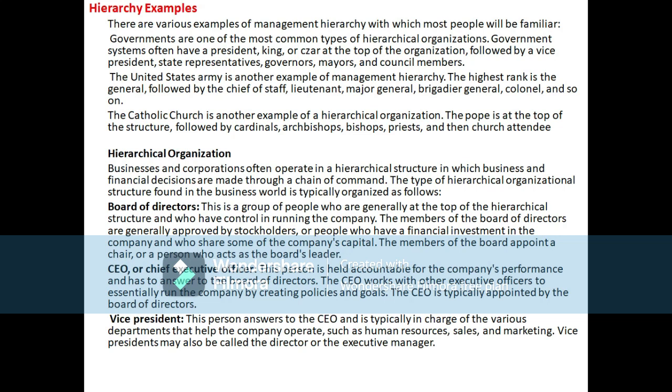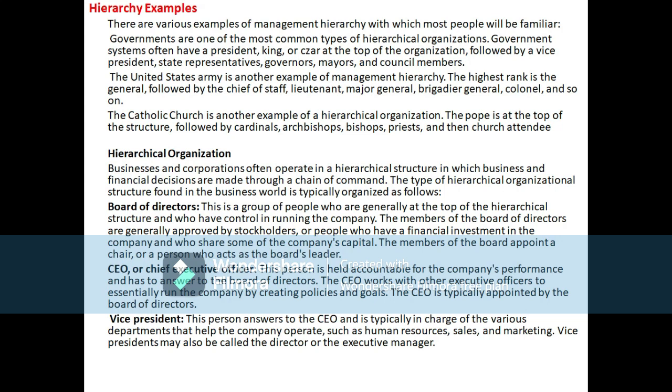Coming to hierarchical organizations in business, how would the hierarchical system look? I have given some of the hierarchical structure or process. First is the board of directors. The BOD, as we all know, is a group of people who are generally at the top level of the management or hierarchical structure.